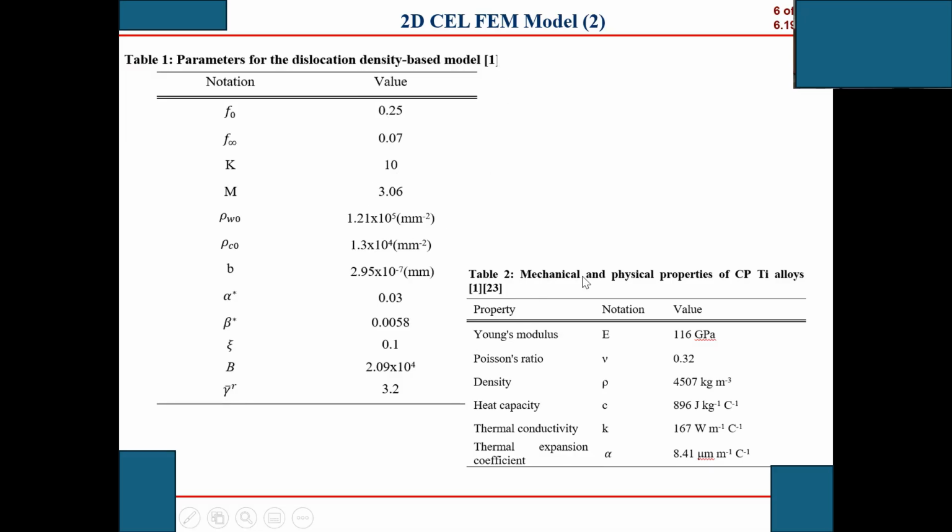Here are the mechanical and physical properties of CPTI, commercially pure titanium alloys: Young's modulus, Poisson ratio, density, heat capacity, thermal conductivity, along with the thermal expansion coefficients. And they are given here. This is from reference 1 and reference 23.